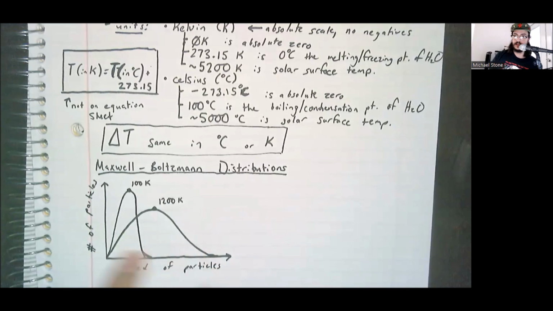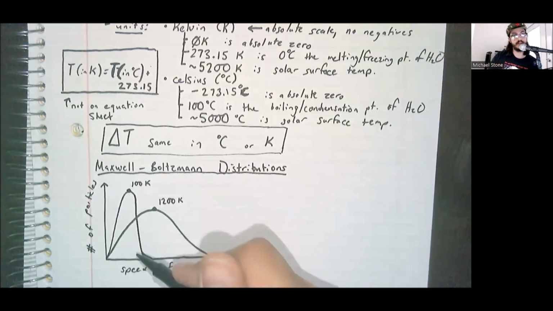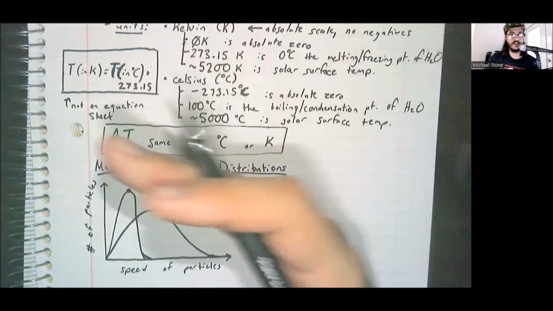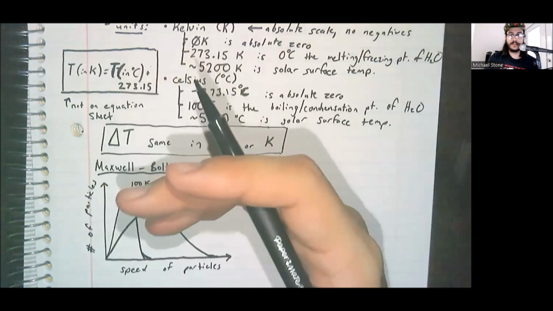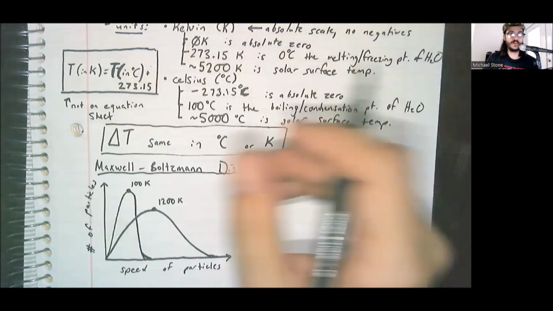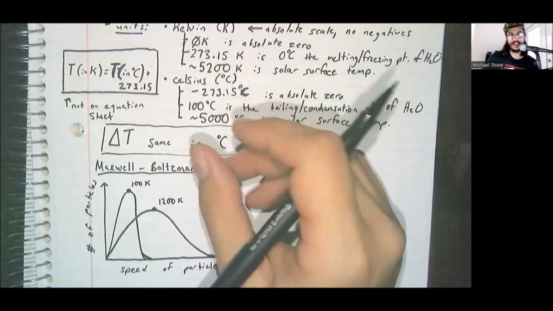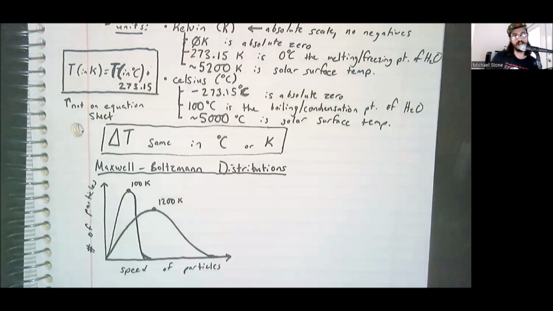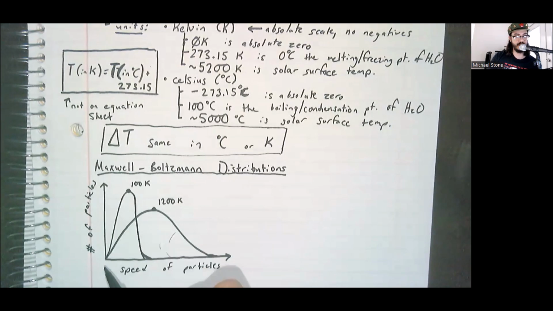Well, look at your distribution. Not all of your stuff is moving fast enough to break those intermolecular forces and escape, the evaporation of those water molecules. You can kind of think of it as like a little tiny version of spaceships going fast enough to go into orbit. But some of them are going fast. Most of them are going slower.